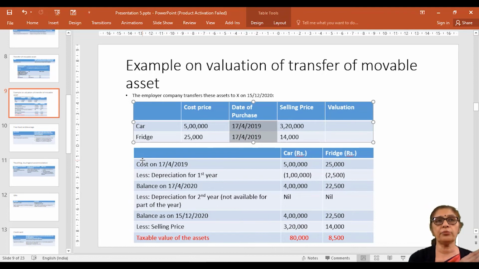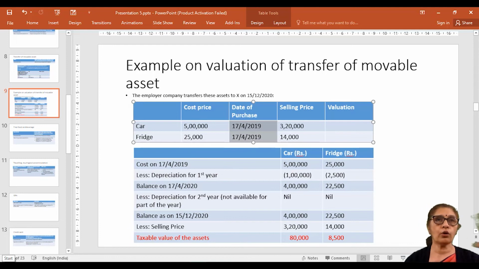So from 17th April 2019, they have been used by the employer till 15 December 2020 before they are transferred. They were bought, car for 5 lakh, fridge for 25,000. And selling price, now this is again concessional, not free. Fridge has been transferred for 14,000 and car has been transferred for 3 lakhs 20,000.